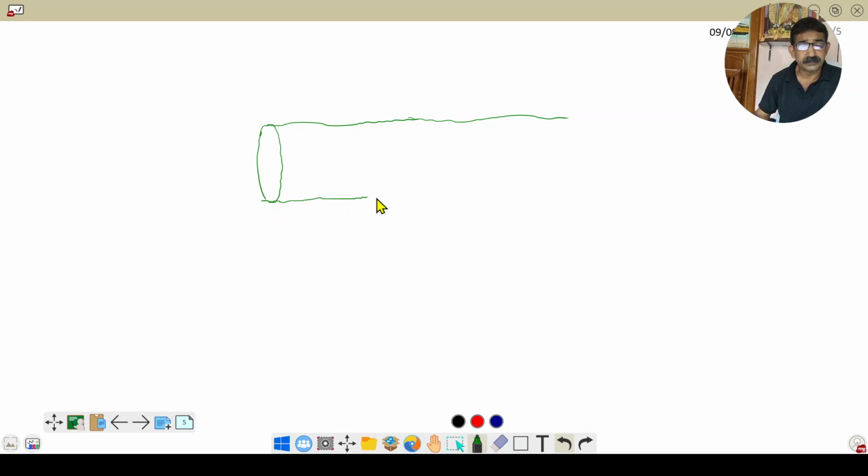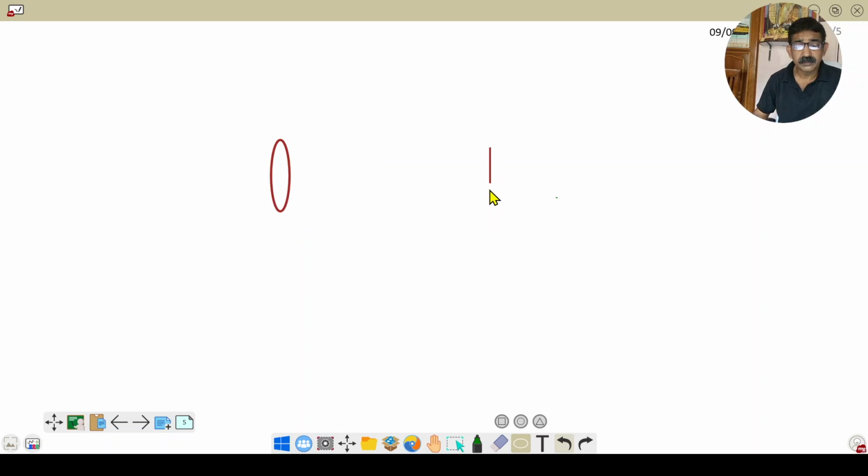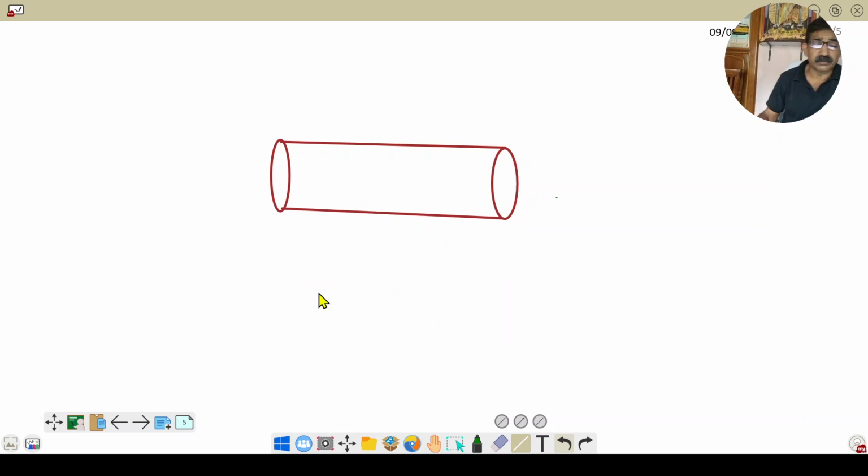This is the conductor, a metallic conductor.